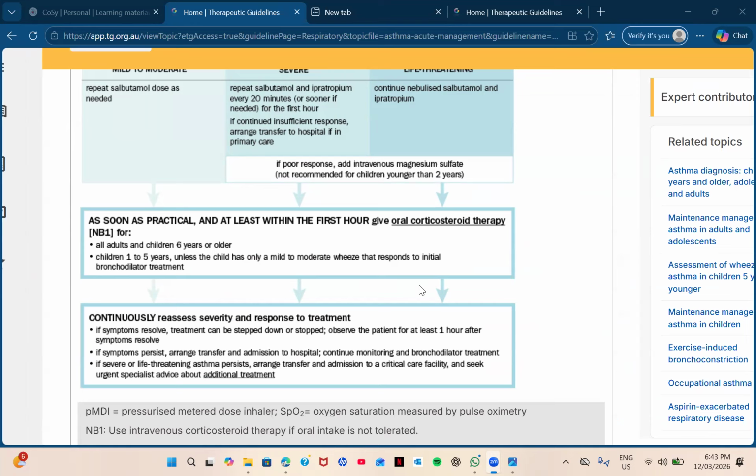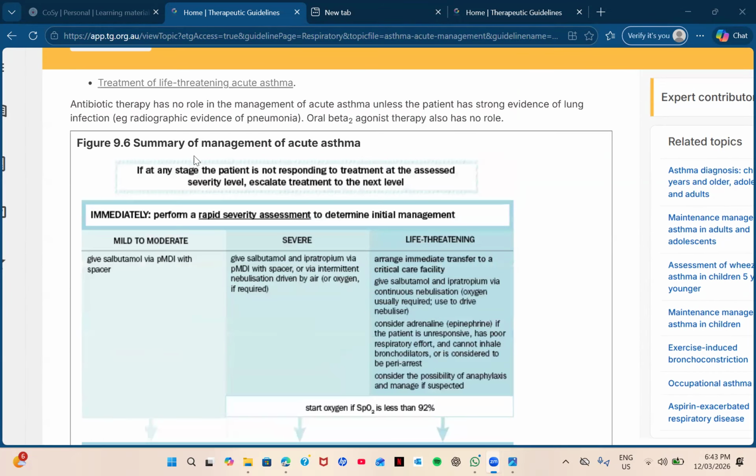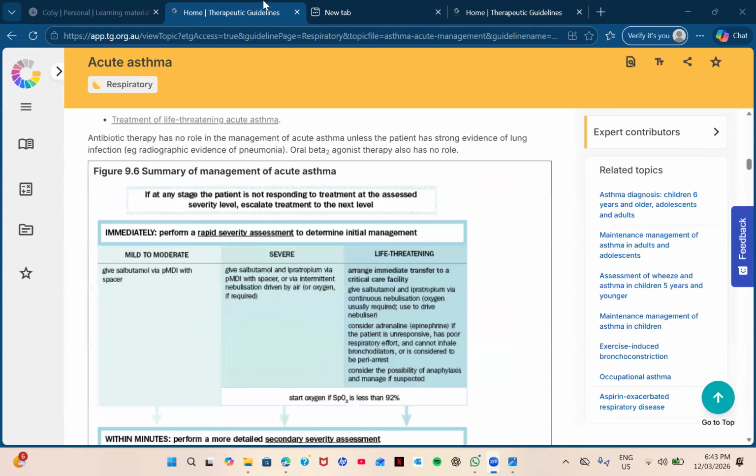Why? This corticosteroid is a miraculous drug, right? I mentioned this part. This is the acute management of asthma. I explained this part as well, doctor.